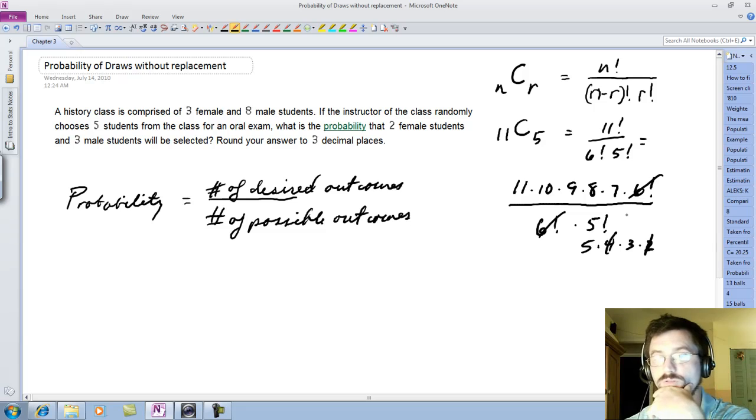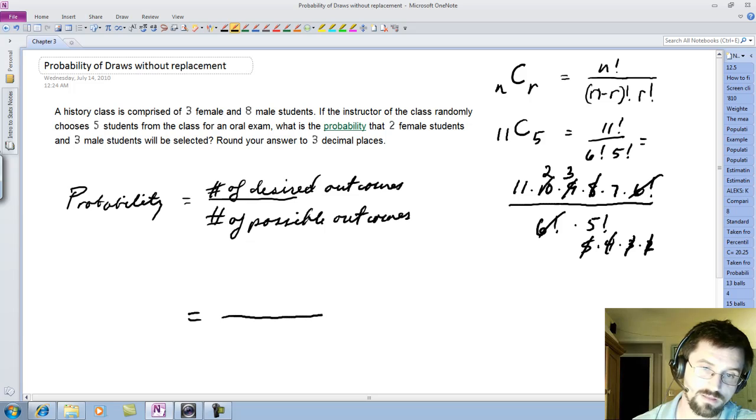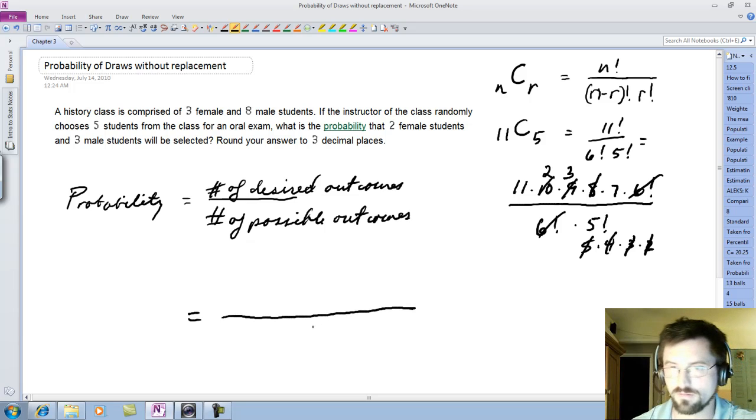So 4 times 2 takes out the 8. 5 goes in 10, leaving 2. 3 goes into 9, leaving 3. Okay, so that is the denominator. It is 11 times 2 times 3 times 7. And you don't have to calculate that because we'll have more cancellation.